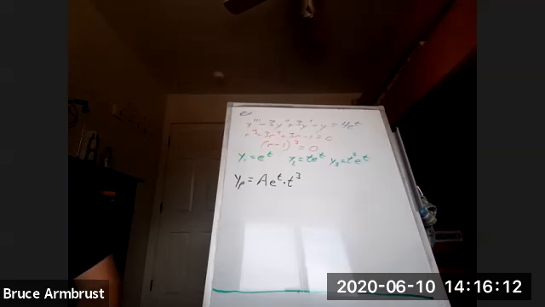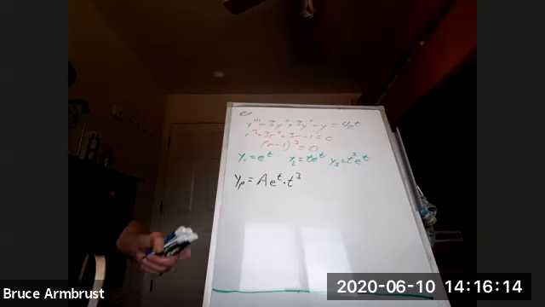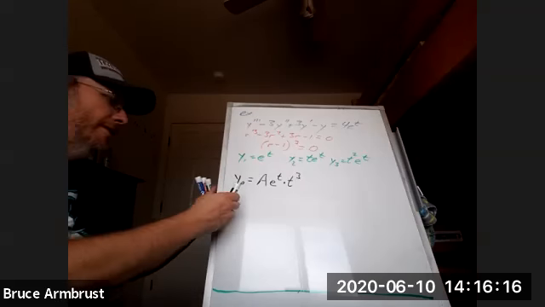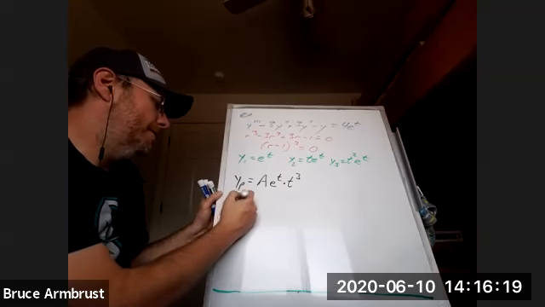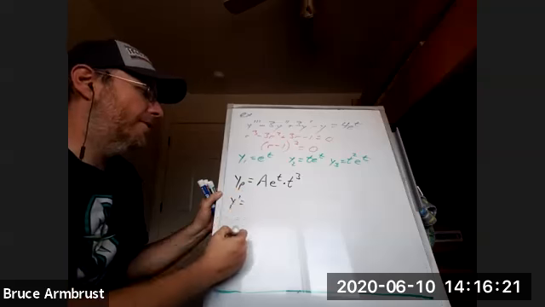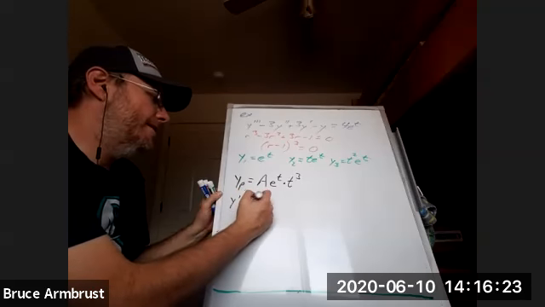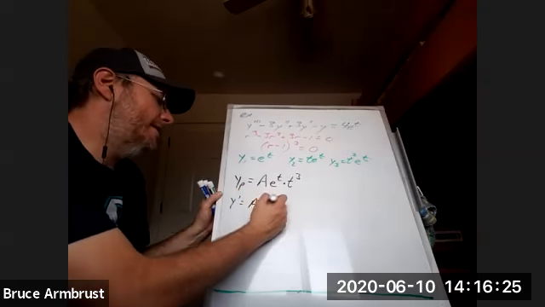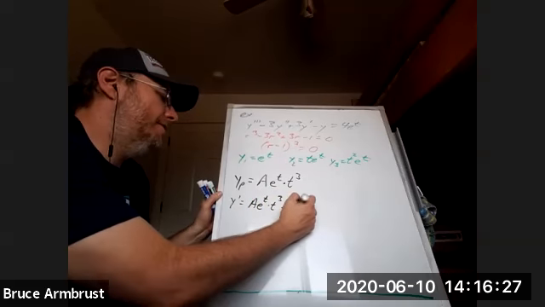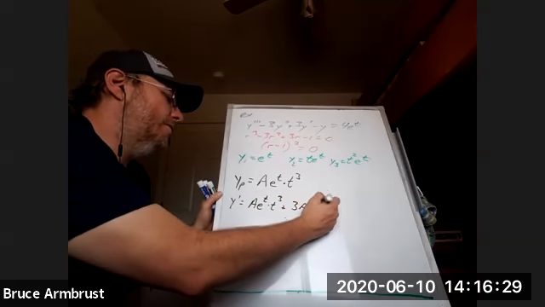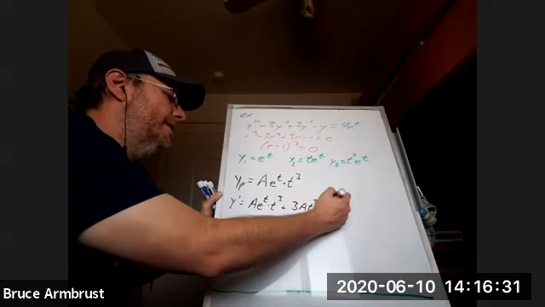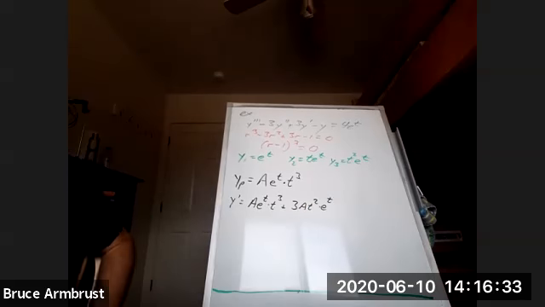All right, well, let's see if we can use that to figure out what A is. So we need some derivatives. The derivative of this particular solution is going to be A e to the t times t cubed plus 3A t squared times e to the t. So, product rule.